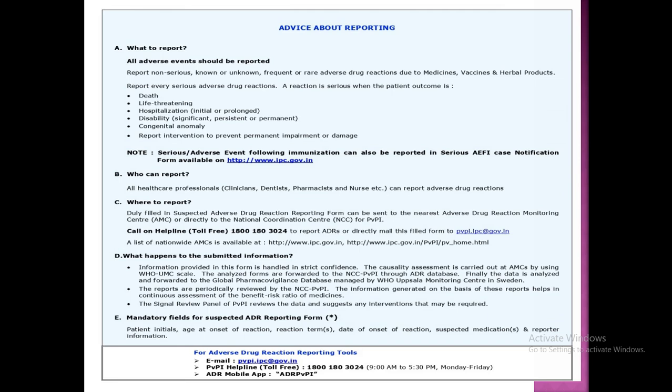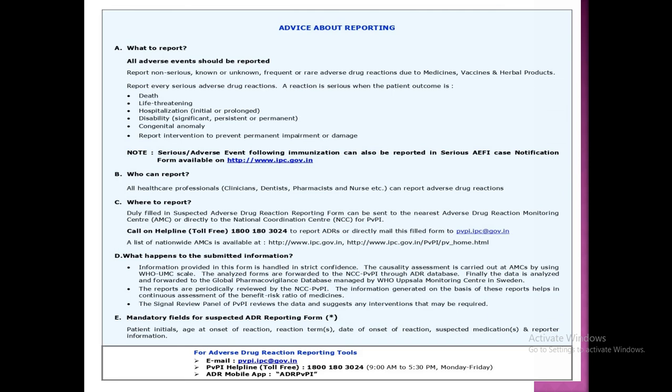Where to report? A duly filled suspected adverse drug reaction reporting form can be sent to the nearest Adverse Drug Reaction Monitoring Center, AMC, or directly to the National Coordination Center, NCC, for PvPI, the Pharmacovigilance Program of India. So every hospital will have a peripheral pharmacovigilance center. The healthcare professional or the patient can report the ADR to the peripheral pharmacovigilance center.